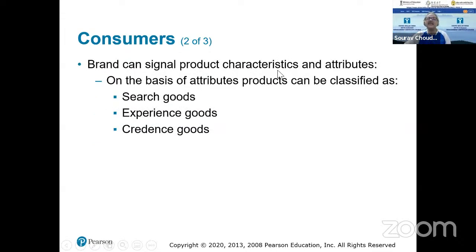Brands can signal product characteristics and attributes. On the basis of the attributes, products can be classified as search goods, experience goods, preference goods. Attributes are basically features, advantages, benefits. So brands can signal product characteristics.